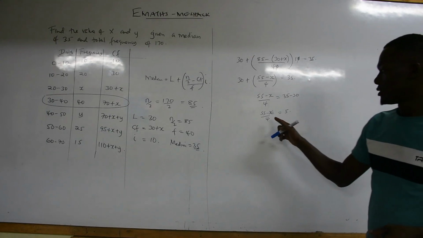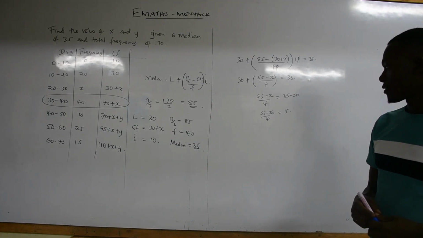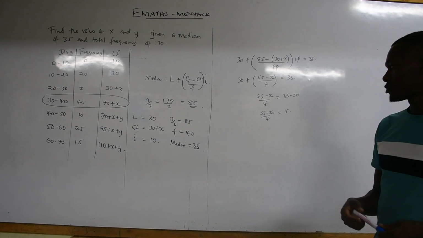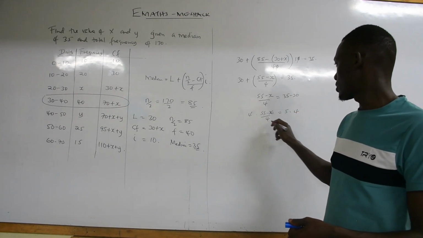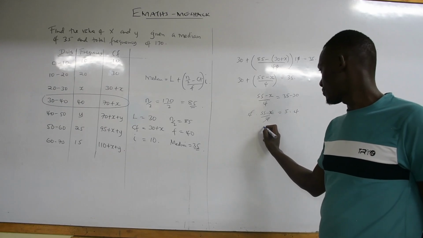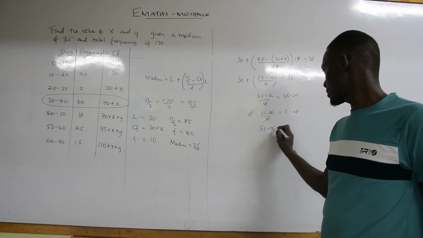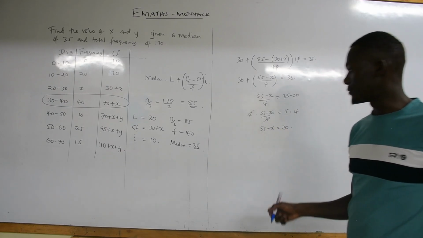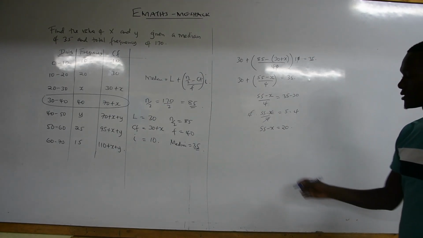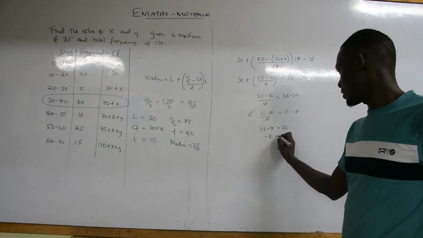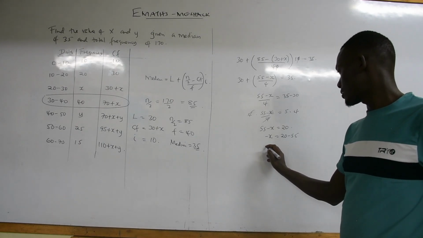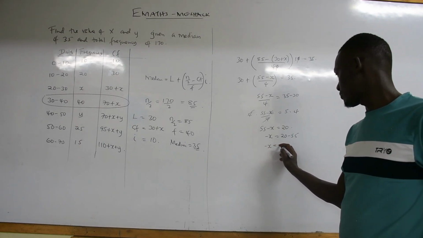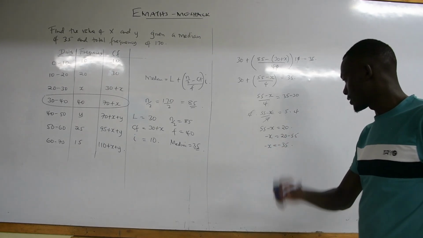Then multiply both sides by 4 to remove the denominator. So we have 55 minus x equals 20. Take 55 to the other side, so you have negative x equals 20 minus 55, which gives us negative x equals negative 35.